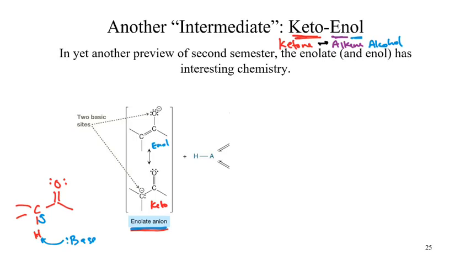So now that I've got this structure formed, and I throw an acid at it, where does that acid react? Does it react at the negatively charged oxygen of the enol form, or does it react at the negatively charged carbon of the keto form? One argument that we might push is, well, does it matter? To decide, what we should do is draw the products.